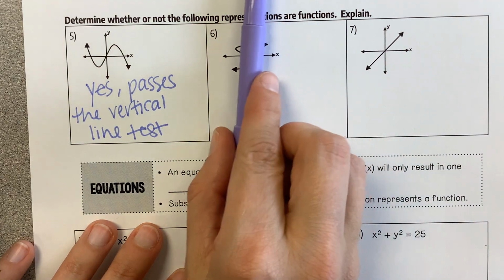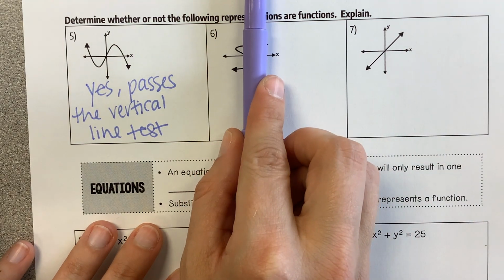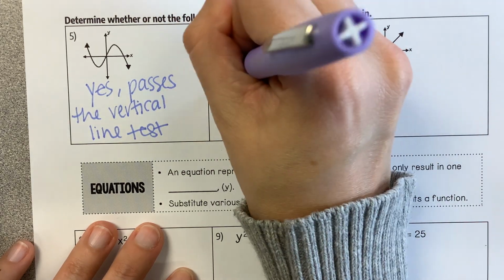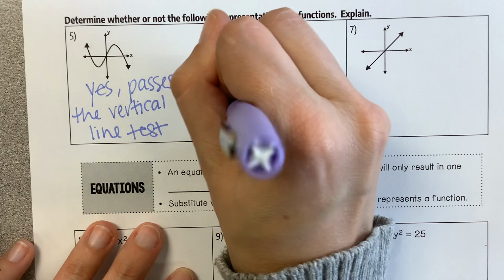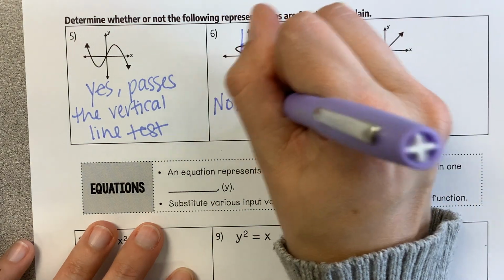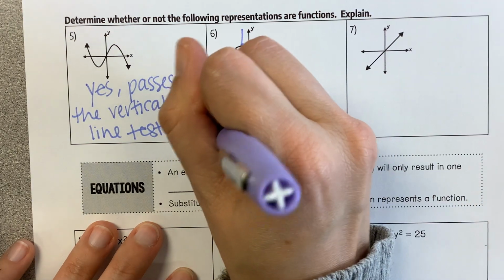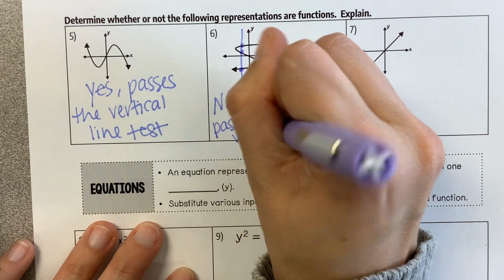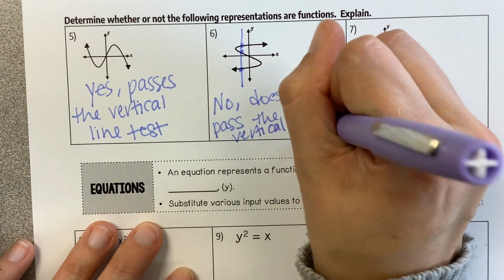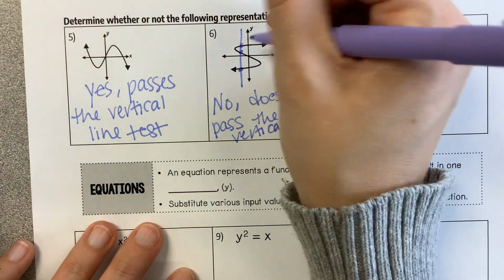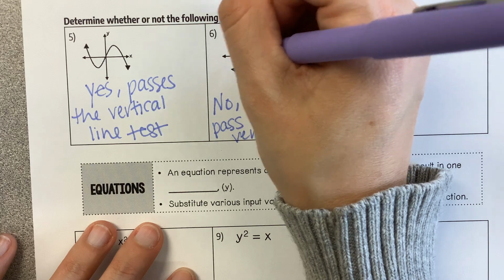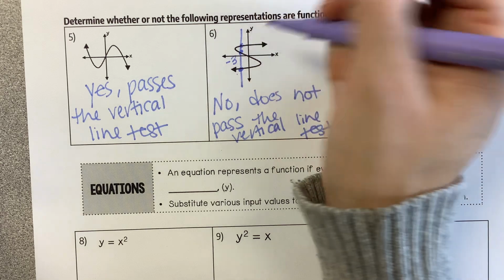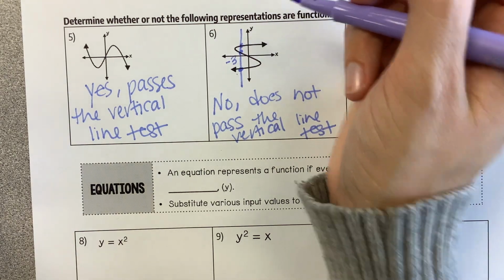For 6, as I go across, it does not pass, because like if I think about right here, it hits in 1, 2, 3 points. So my reasoning would be no, does not pass the vertical line test. And the reason for that is this means that our x value, let's say that x value right there was -3, has 1, 2, 3 different y values that it intersects with.